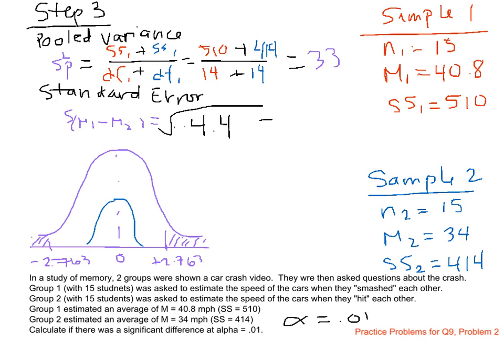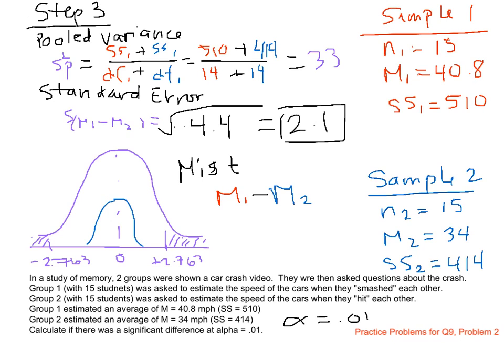And so the very last thing I do is take the square root of 4.4, and that is 2.1, about. So this is my arm for the t graph.